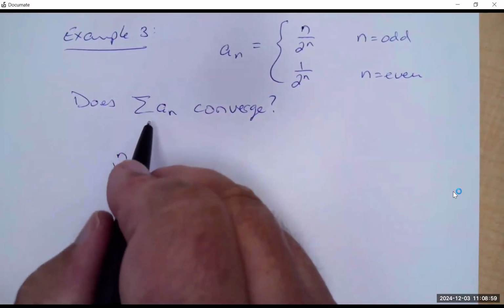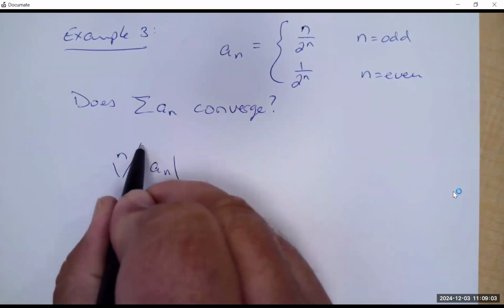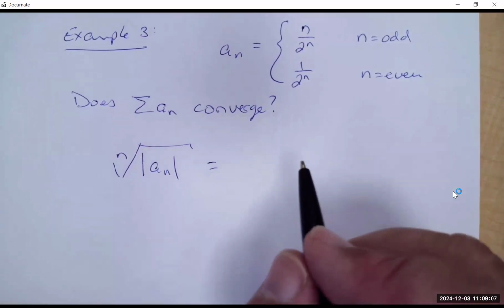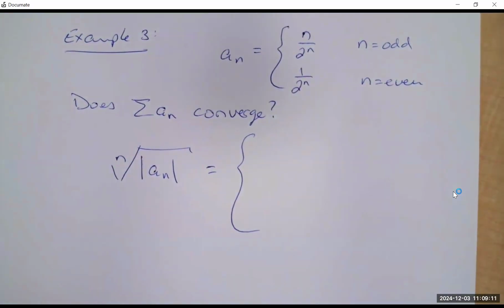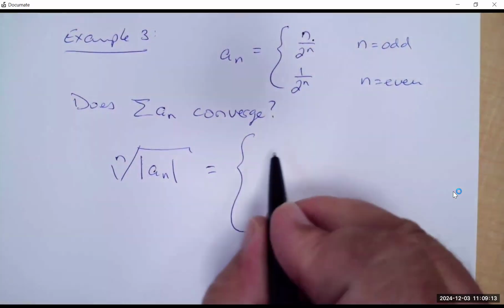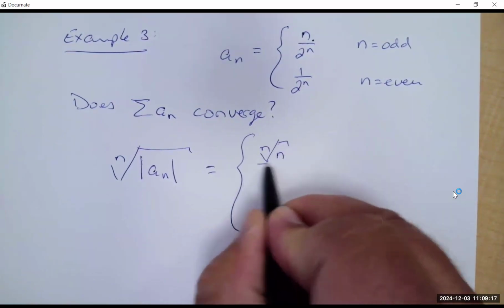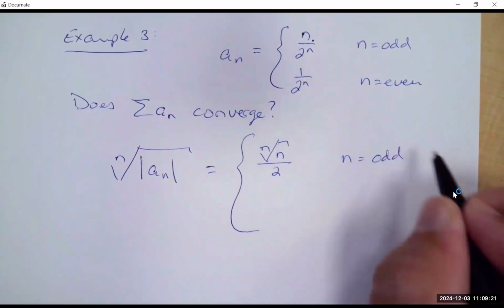We look at the summation of the absolute value of a sub n. So anywhere we see an n, put an nth root around it. This is for n odd.